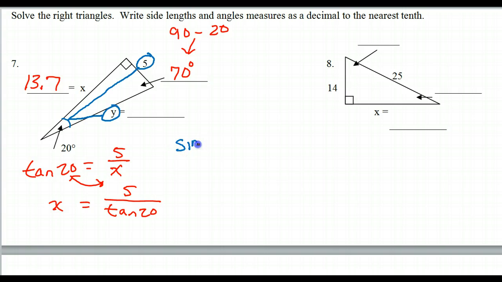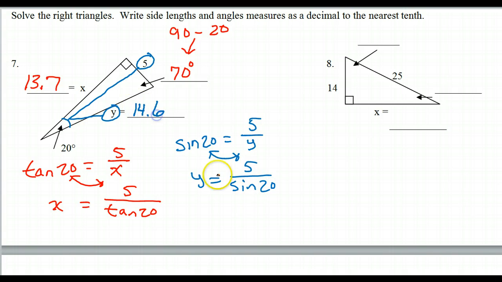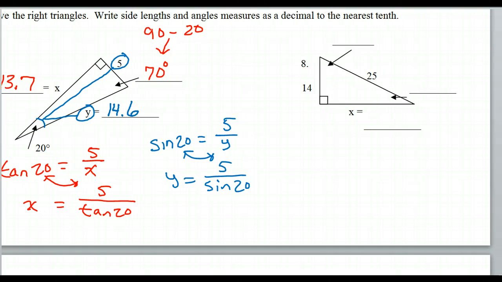So I'm going to go sine 20 is equal to 5 over y. Reversal, y equals 5 over sine 20. That's 14.6. Okay, number 8. Same type of deal.